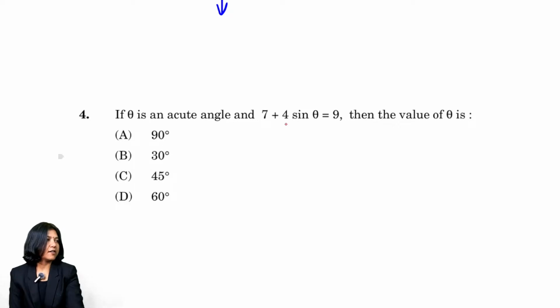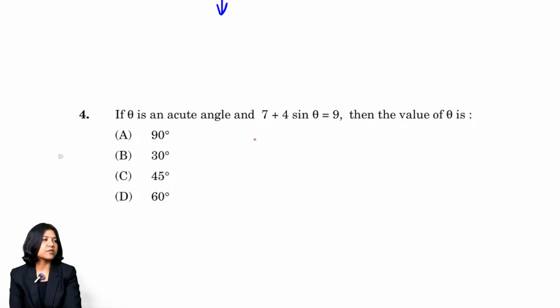So clearly, if sine theta is supposed to be found, you see it's multiplied by 4 and added to 7. So how will you remove the terms? You will just remove them in the reverse manner, which means because you added 7 later, you want to remove that 7 first, and then 4 has multiplied sine theta first, so you'll remove that 4 later, okay?